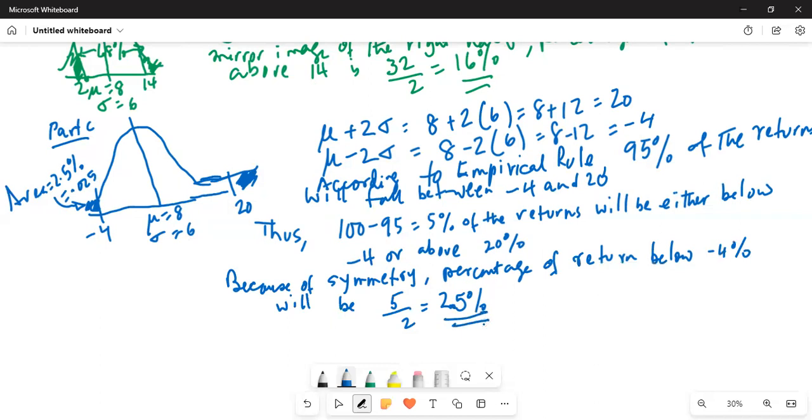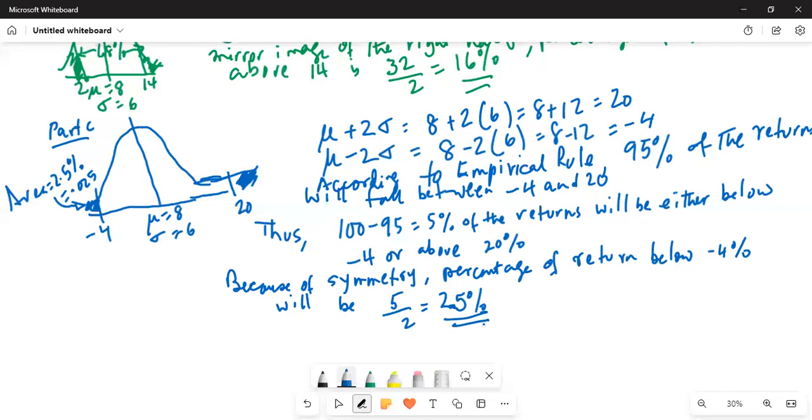So what is the tip I want to give you? This empirical rule is known as the 68, 95, and 99.7% rule. If you go one standard deviation on the left of the mean and on the right of the mean, 68% of the returns will be between minus 1 standard deviation and plus 1 standard deviation. The next number is 95.